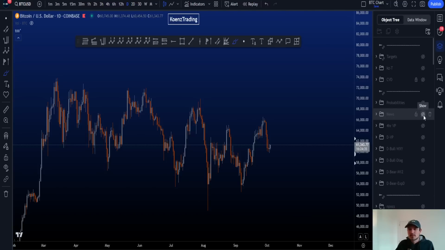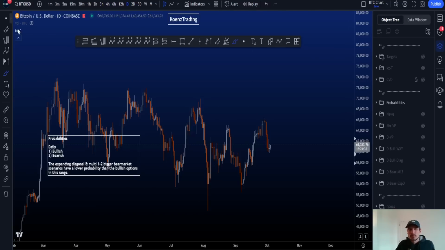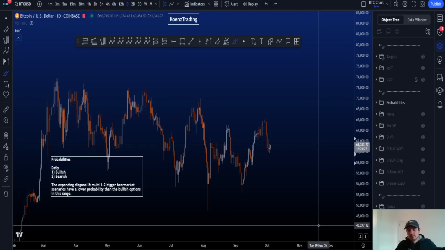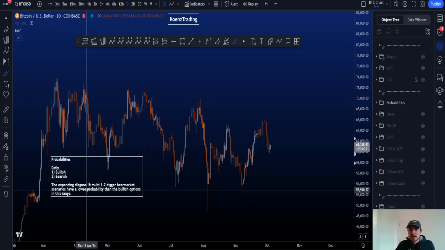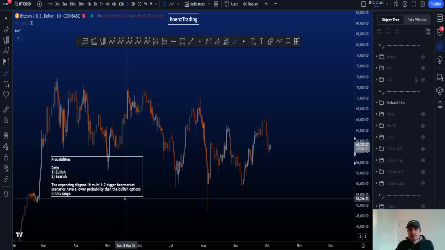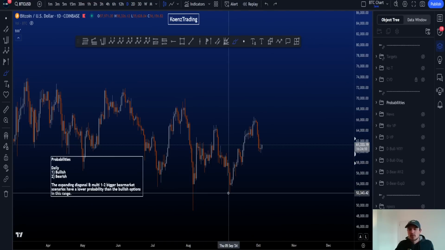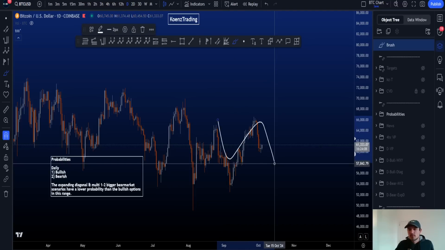And if we then look at the probabilities, currently on the daily time frame here, the probabilities are higher for the bullish scenarios compared to the bearish scenarios. The expanding diagonal and the multi 1-2, the two bearish scenarios that lead to a bigger bear market, have a lower probability than the bullish options in this range, which is the leading diagonal over here, and even the WXY.